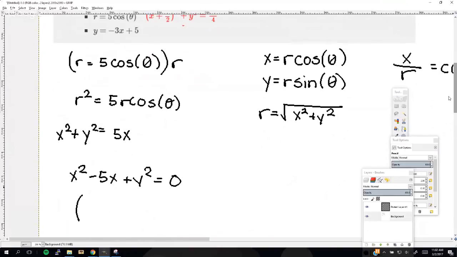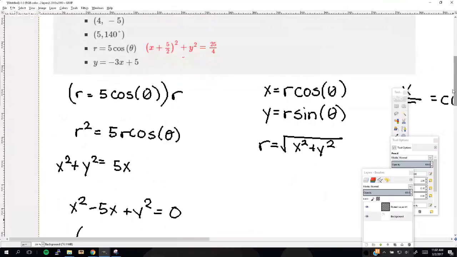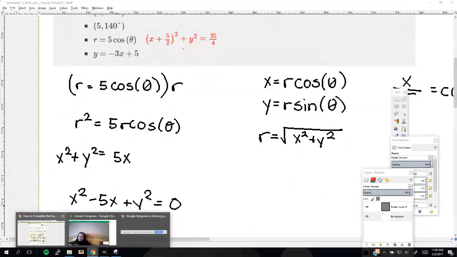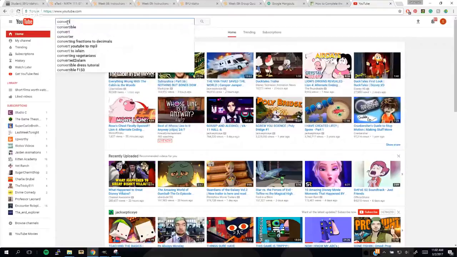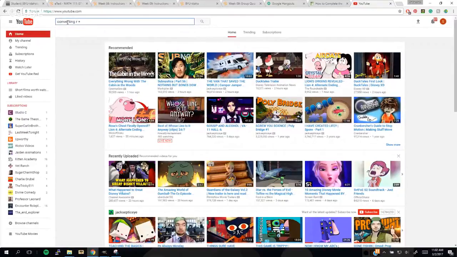Okay. Or just go to YouTube really quick, because it literally went through the problem. What's it called? It's called converting r equals negative 3 cosine theta to rectangular form.